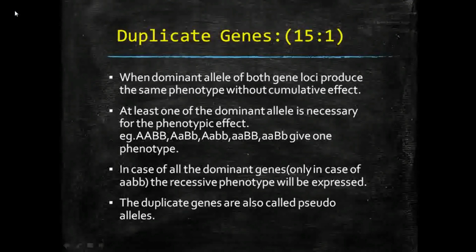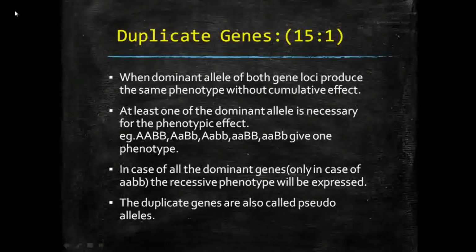In the next case also there is small a, and there is one capital B, that is dominant, and another is recessive, small b. But as one capital B is there, that means one dominant gene is there, so it will again show the same phenotypic effect.